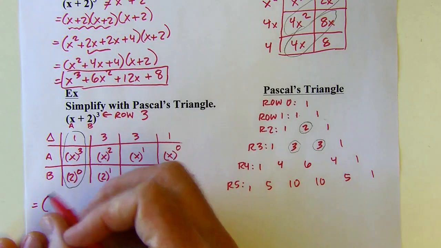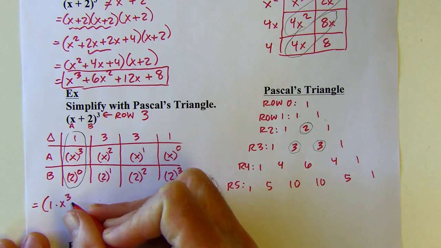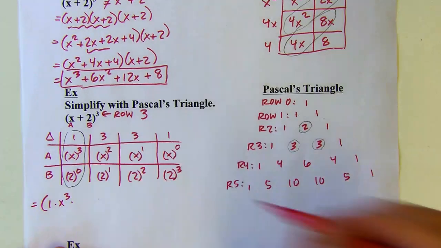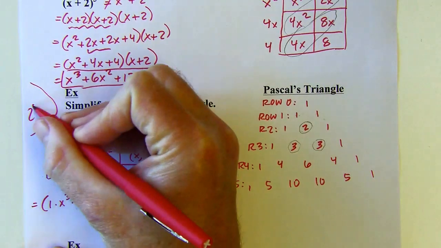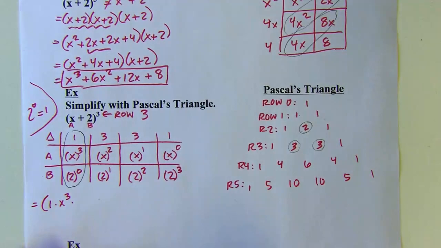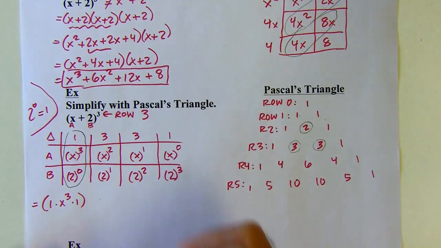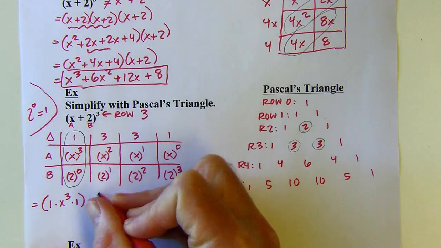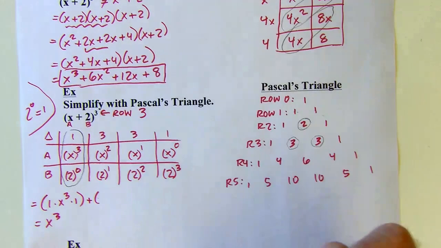So I'm going to have 1 times x to the third times, and you've got to remember that anything to the 0th power equals 1. So let me do that up here: 2 to the 0th equals 1. Anything to the 0th power equals 1. So that is going to give me my first term. Okay. So hey, that's going to be x to the third, which is what I got up there. So I know that's correct.